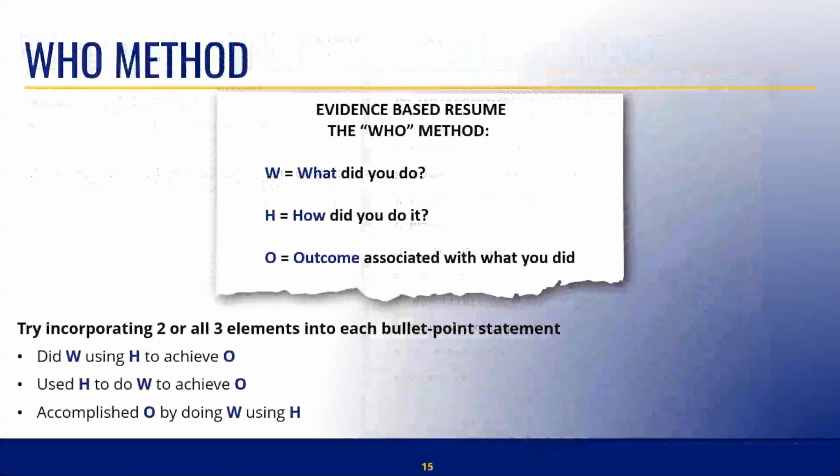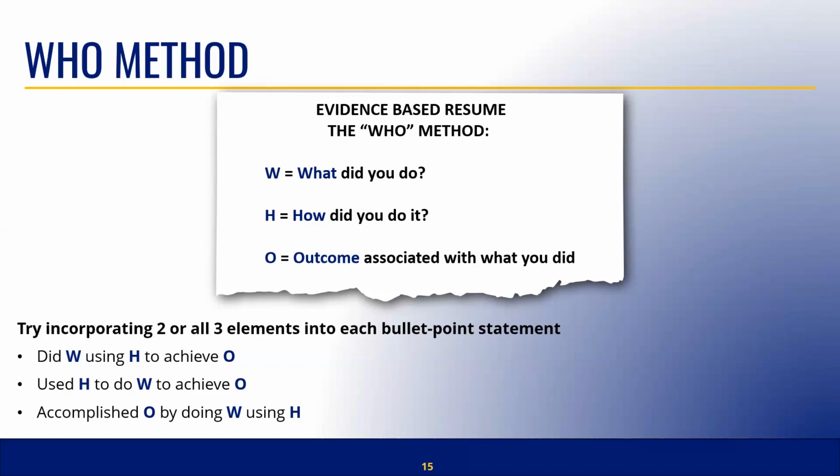Earlier, I had mentioned that in the experience section, you want to make sure that you are adding experience statements. How can you build those experience statements? I will go ahead and introduce something that is called the WHO method that will help you build and strengthen those experience statements. The W stands for what did you do? The H stands for how did you do it?